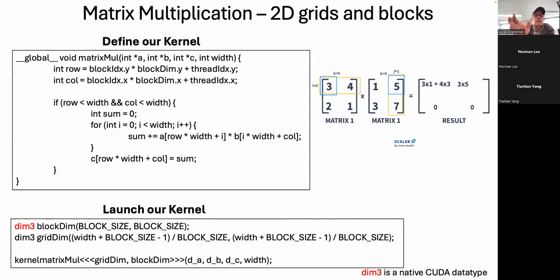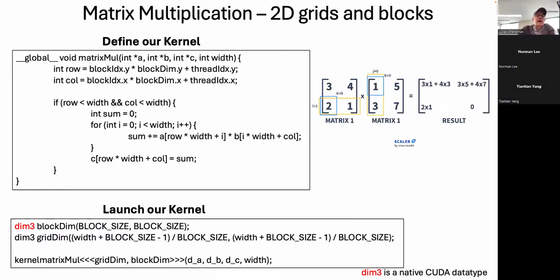And we launch the CUDA kernel in a very similar way. Now, you'll see that there is another data type in CUDA that's defined as dim3. We didn't have to do this for our 2+2 example because our grid was a vector, just one-dimensional. But now we have a two-dimensional grid with two-dimensional thread blocks in it.